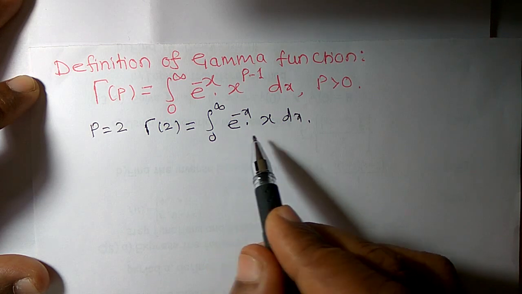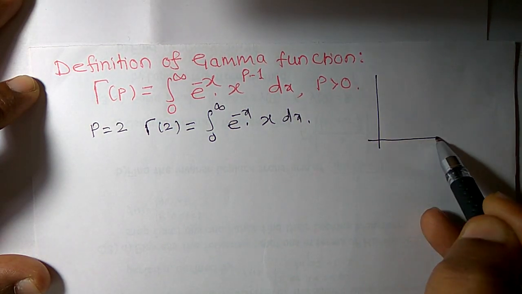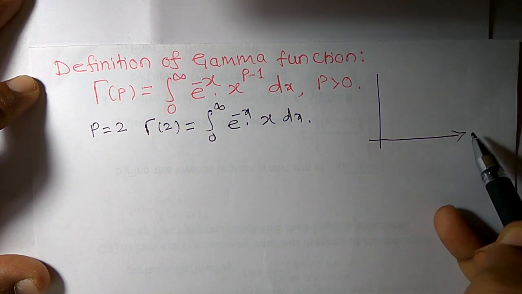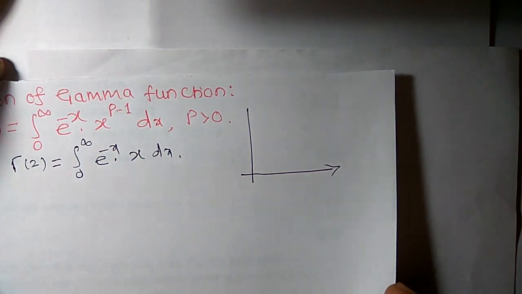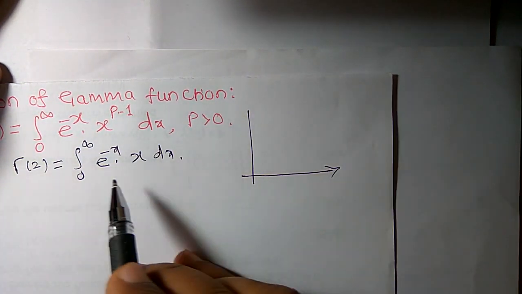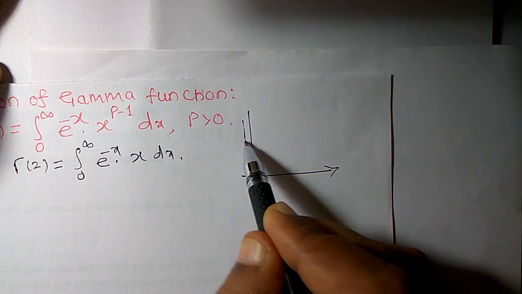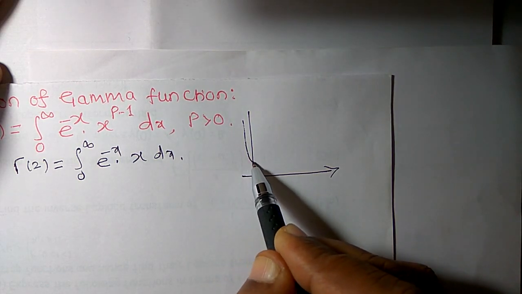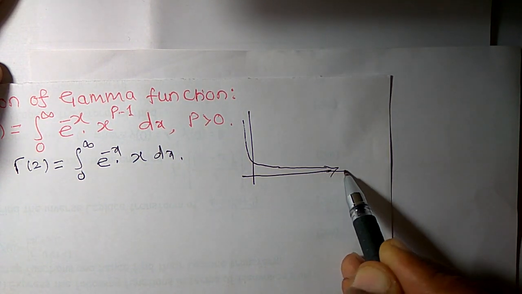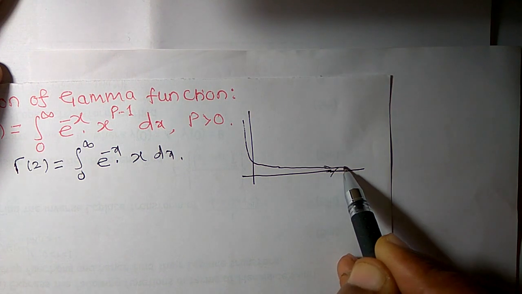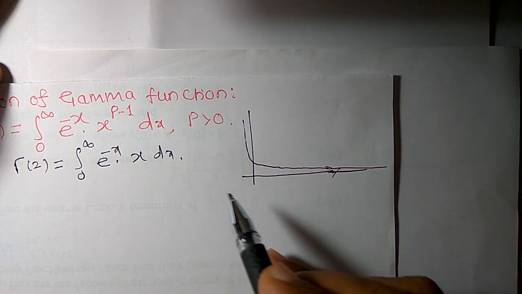So I want to verify with the graph. When we draw the graph of the product of these two functions, I want to observe what I will get. So e to the power minus x. When we draw the graph of the exponential function, I can obtain the graph like this, and it will continue in the similar way along with the x-axis, right?